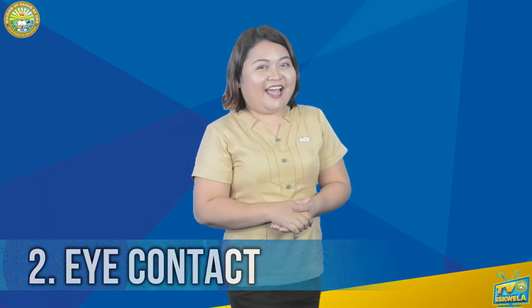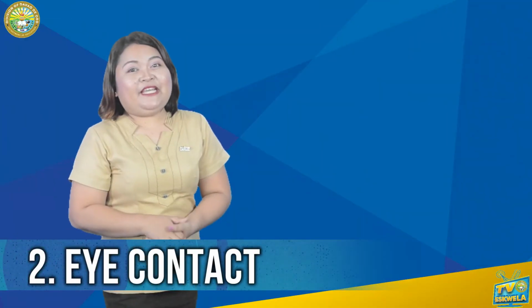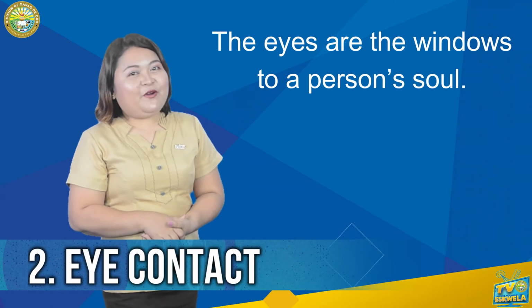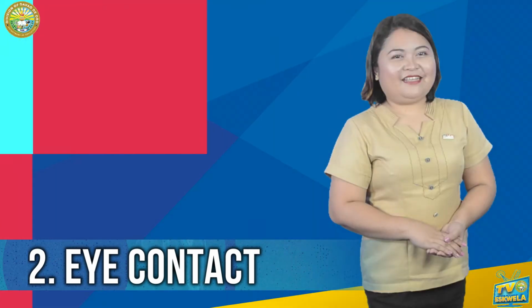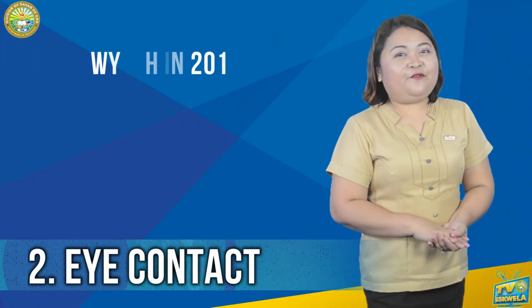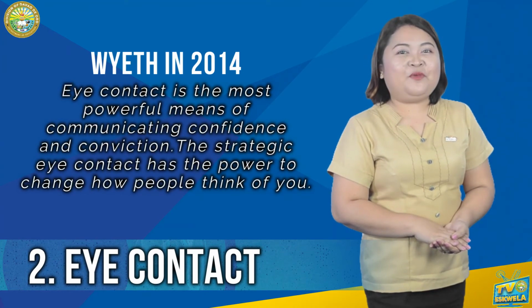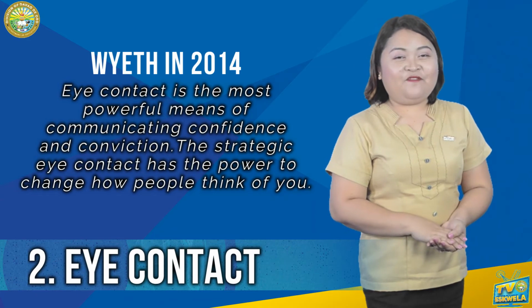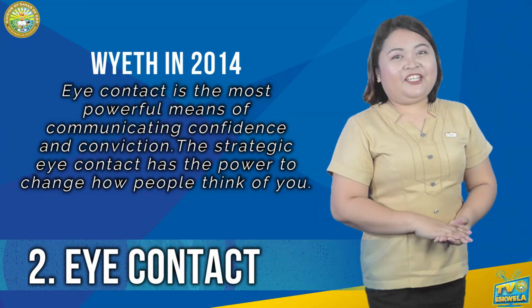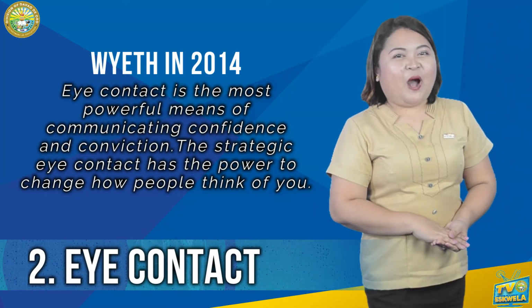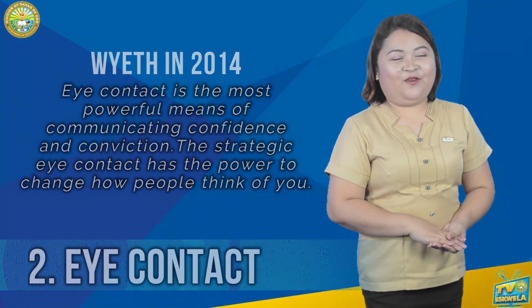Next, let us proceed with the eye contact. It is believed that the eyes are the windows to a person's soul. And according to Wyatt in 2014, eye contact is the most powerful means of communicating confidence and conviction. The strategic eye contact has the power to change how people think of you.